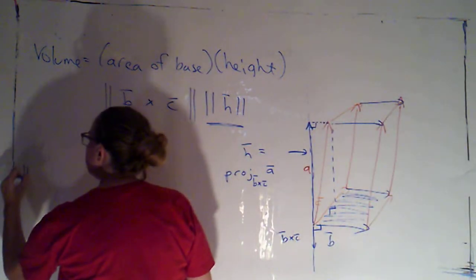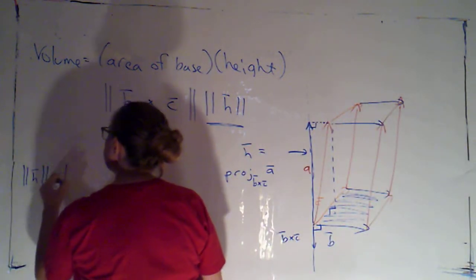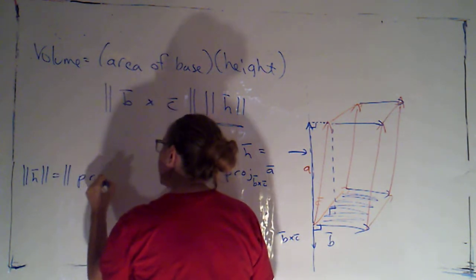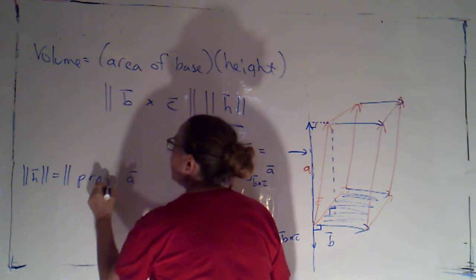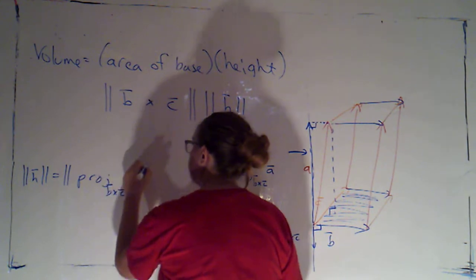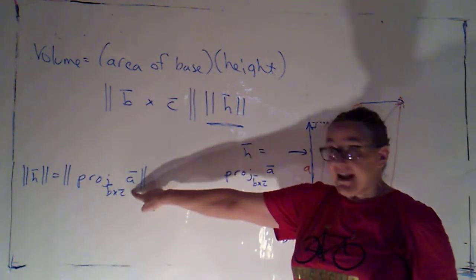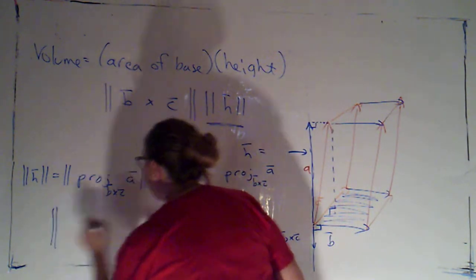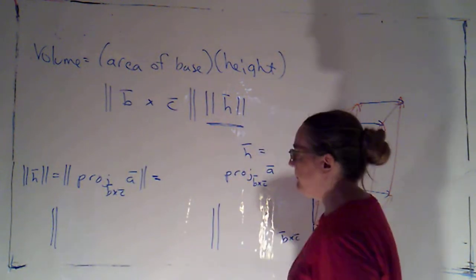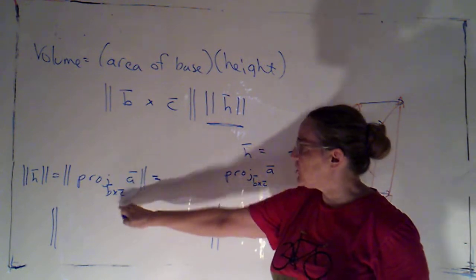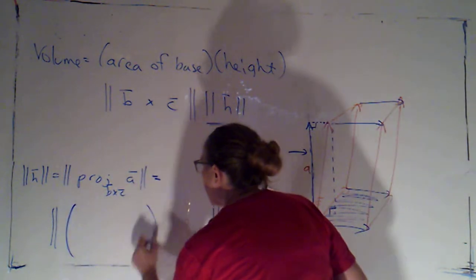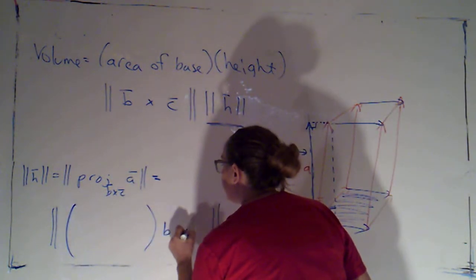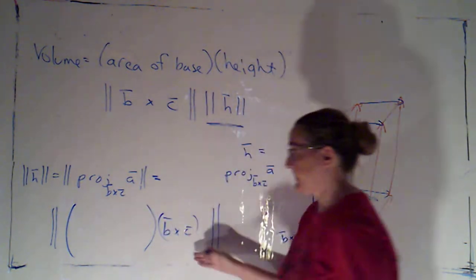So the magnitude of the height vector is the magnitude of the projection of A onto B cross C. But I can work out what that looks like. So we're calculating the magnitude of, when I project a vector onto B cross C, I'm going to get a multiple of B cross C.